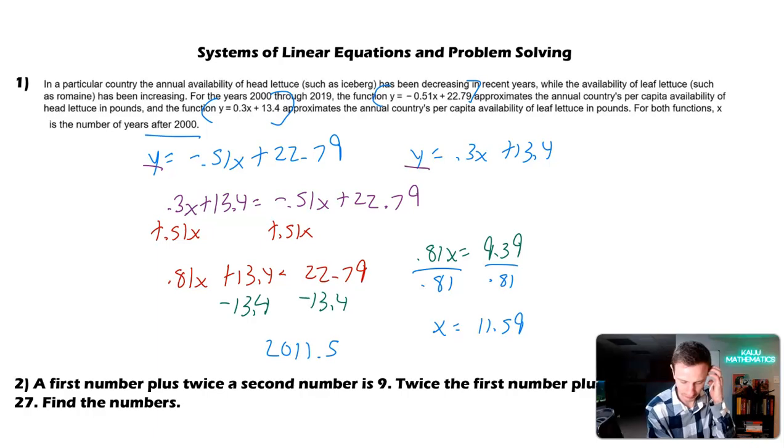So say 2011.5 or 2011.6. Yeah, so there should have been a line about setting these two equal to one another. They wanted to know at what point these two are equal. If you were to graph these two, where do these two functions, these production values, cross paths? Where are they equal?